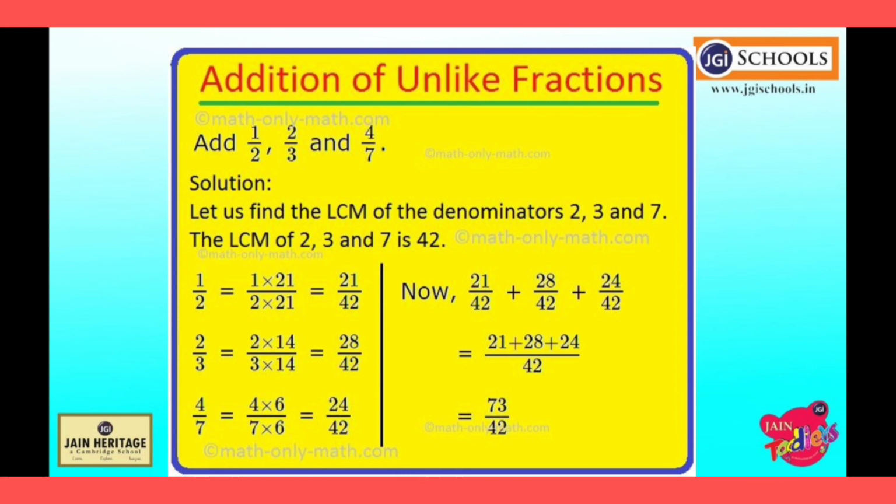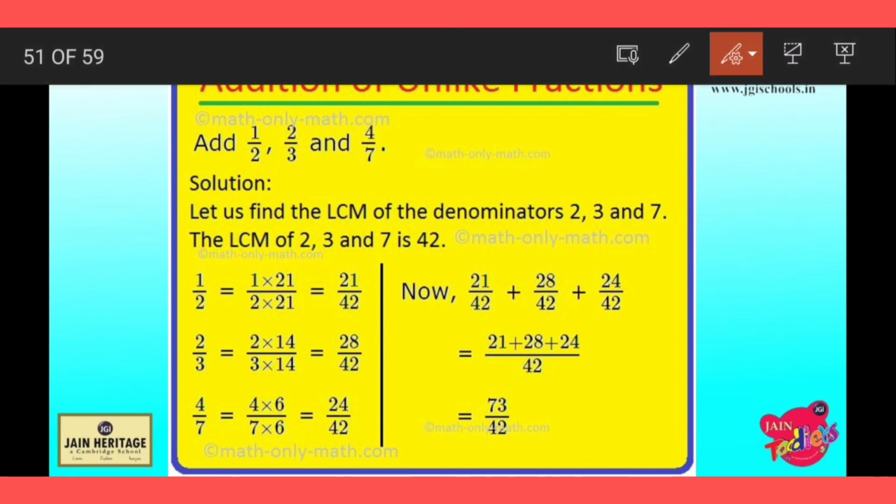Addition of like fractions means you have to directly add the numerator. But what about unlike, when the denominator is different? What you will do here, you have to take the LCM of the denominator. In the unlike fraction you have to take the LCM of the denominator.